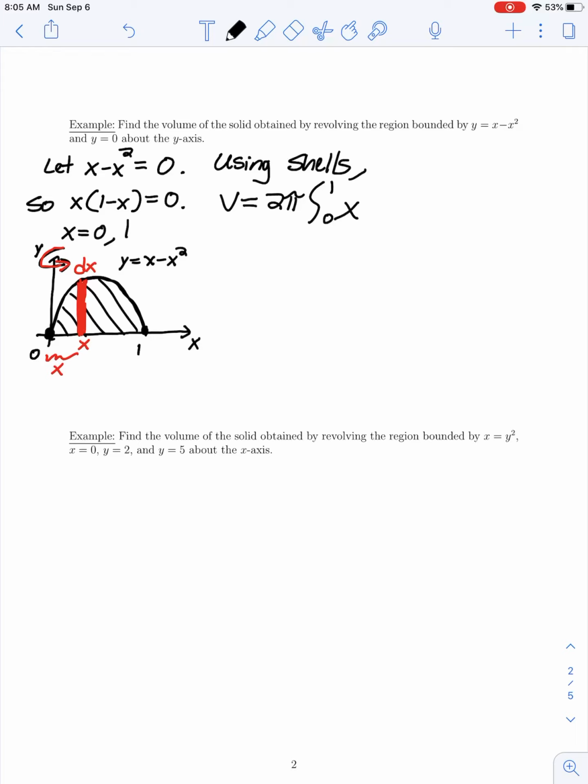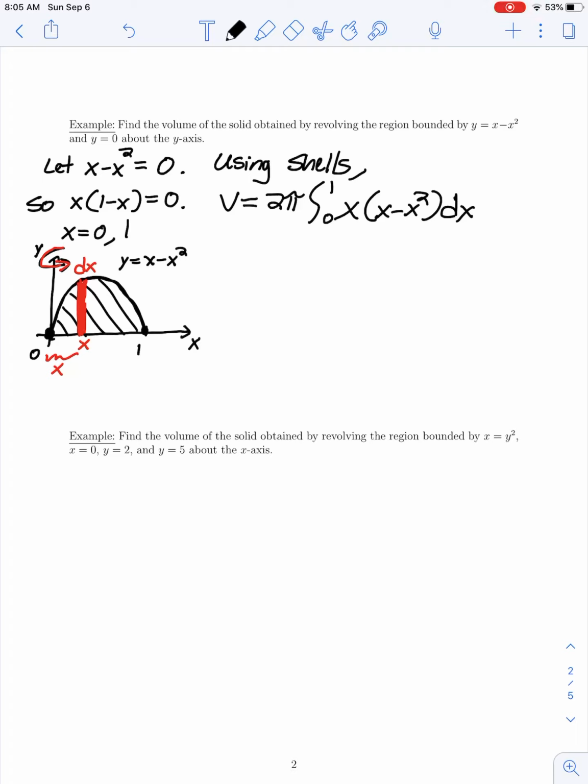And the height of our cylinder is given by the height of this slice that we're taking, which we can see is given by the function x minus x squared, times the thickness of our cylindrical shell, which is dx.